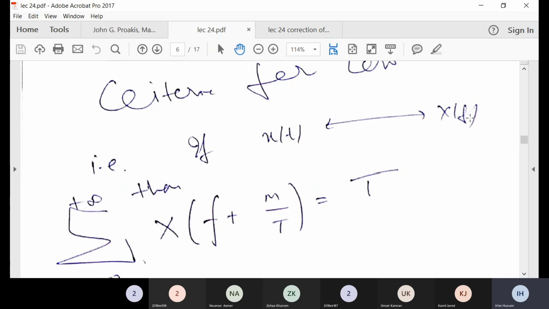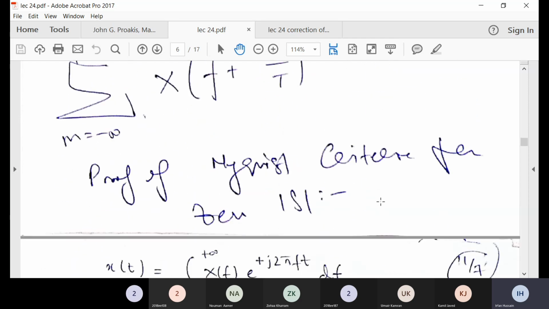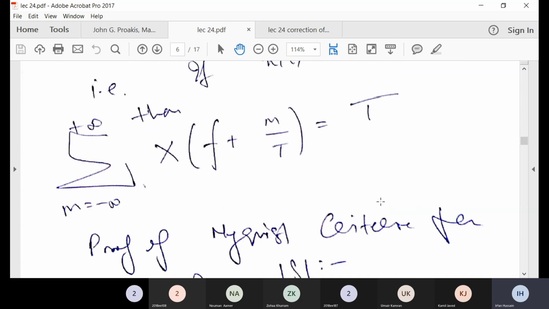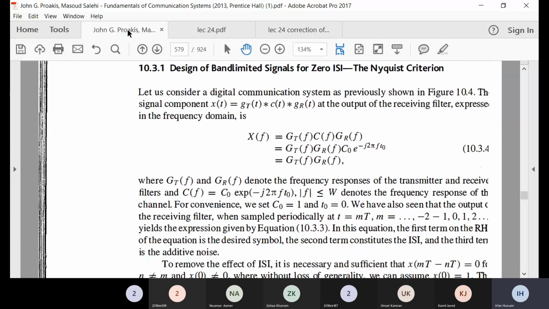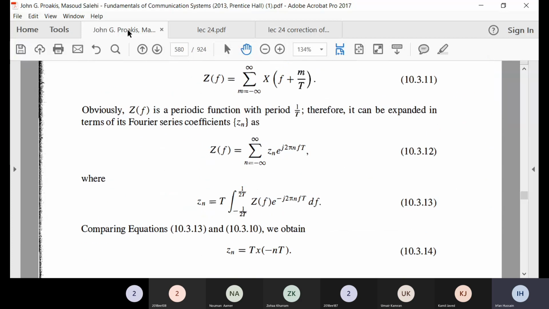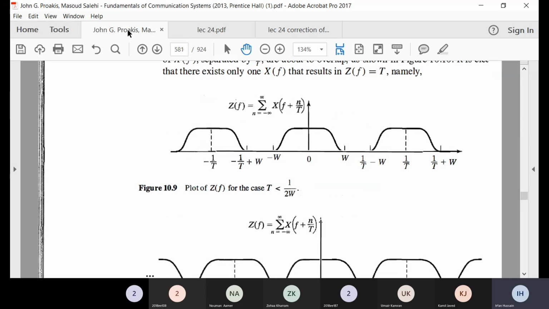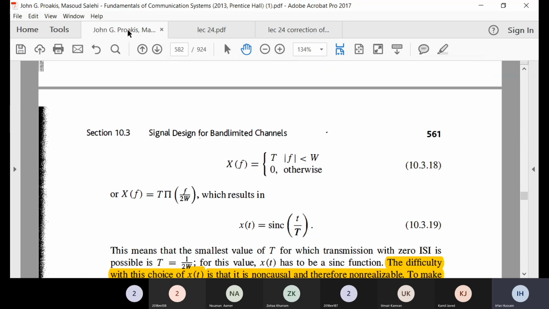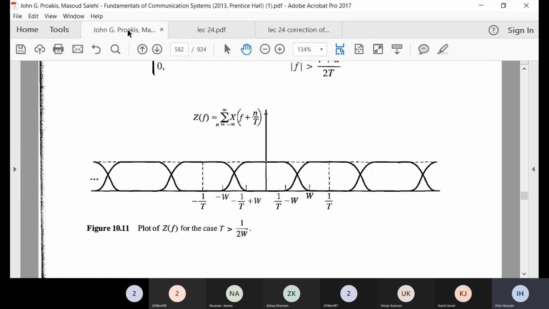The Nyquist criteria comes out to be that the frequency response, which is replicated at 1 over T in frequency, comes out to be a straight line of value T. Just for explanation, this is what we want.